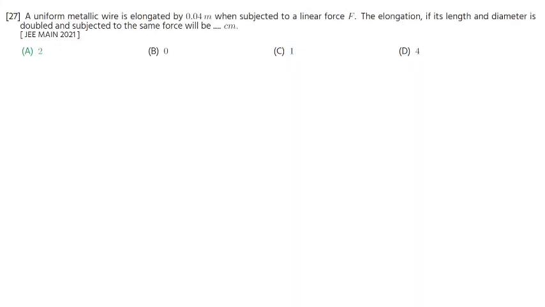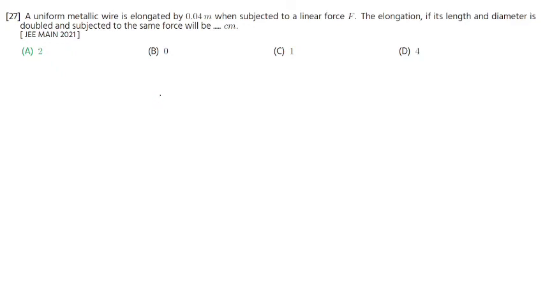Now see the next question. A uniform metal wire is elongated by 0.04 meter when subjected to a linear force F. Find the elongation if its length and diameter are doubled and subjected to the same force. Remaining everything is same, subjected to the same force.